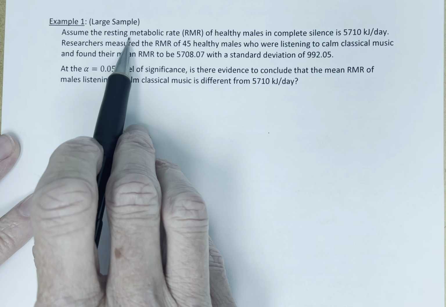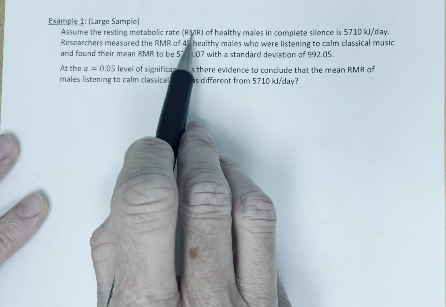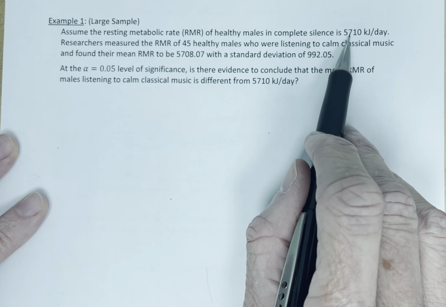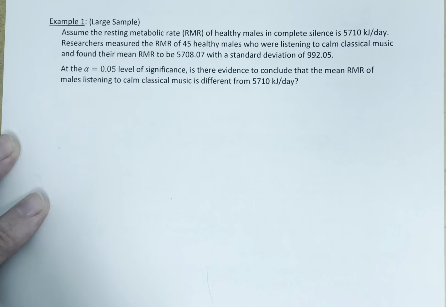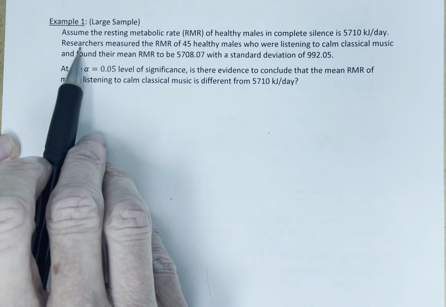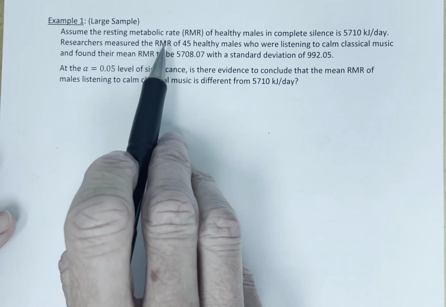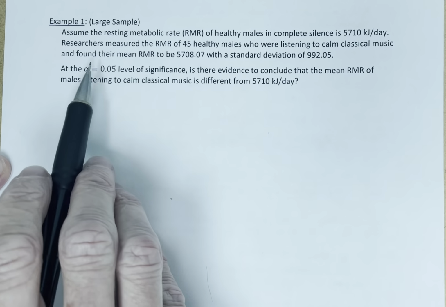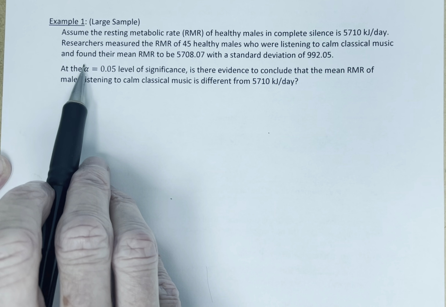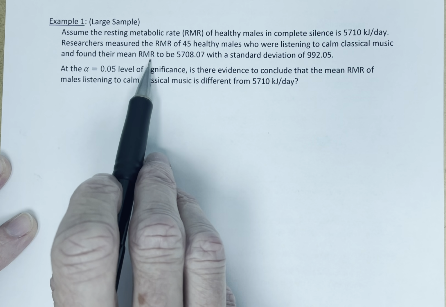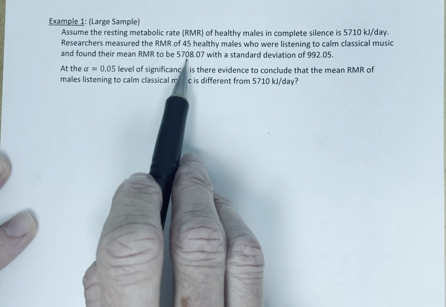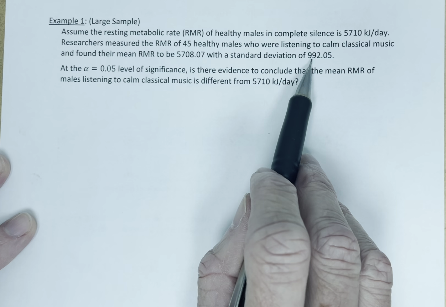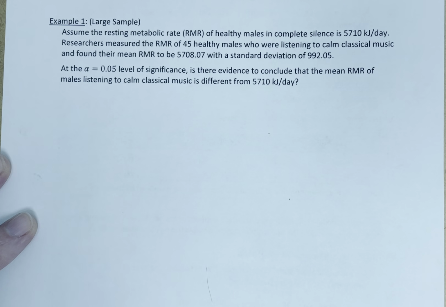Example 1. Assuming the resting metabolic rate, RMR, of healthy males in complete silence is 5,710 kilojoules per day, researchers measured the RMR of 45 healthy males who were listening to calm classical music and found that their mean RMR was 5708.07 with a standard deviation of 992.05.